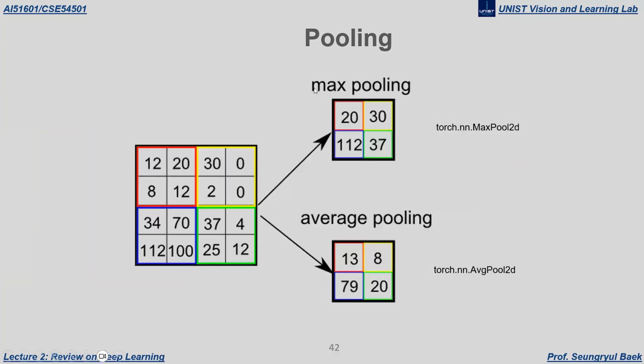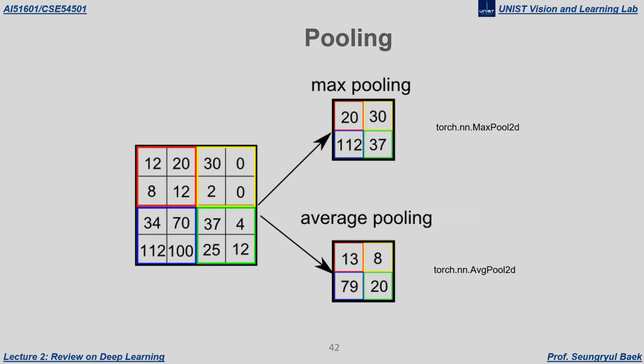This is max pooling, choosing the one maximum pixel among the neighbors. But we can approach this as average pooling as well. By averaging the 4 pixels inside the box, we can output this value. This is average pooling.